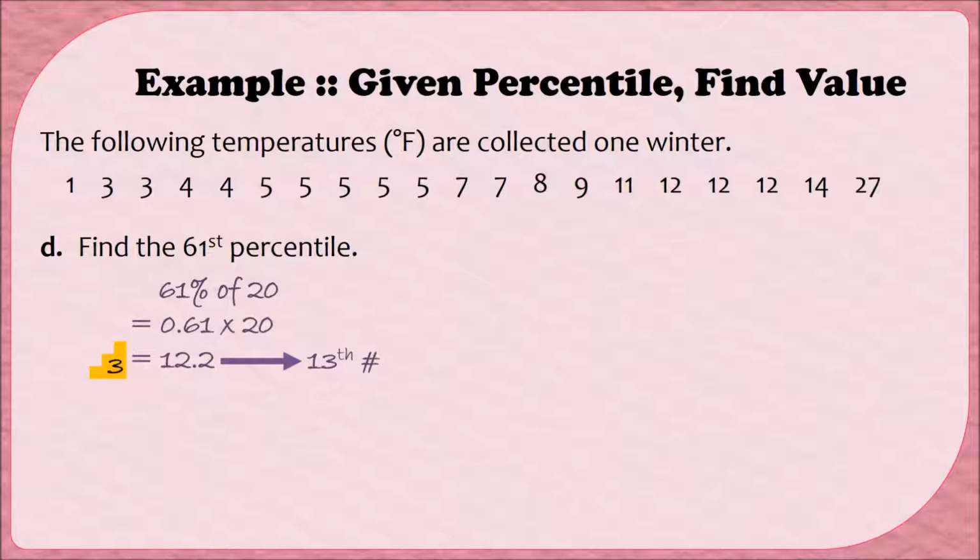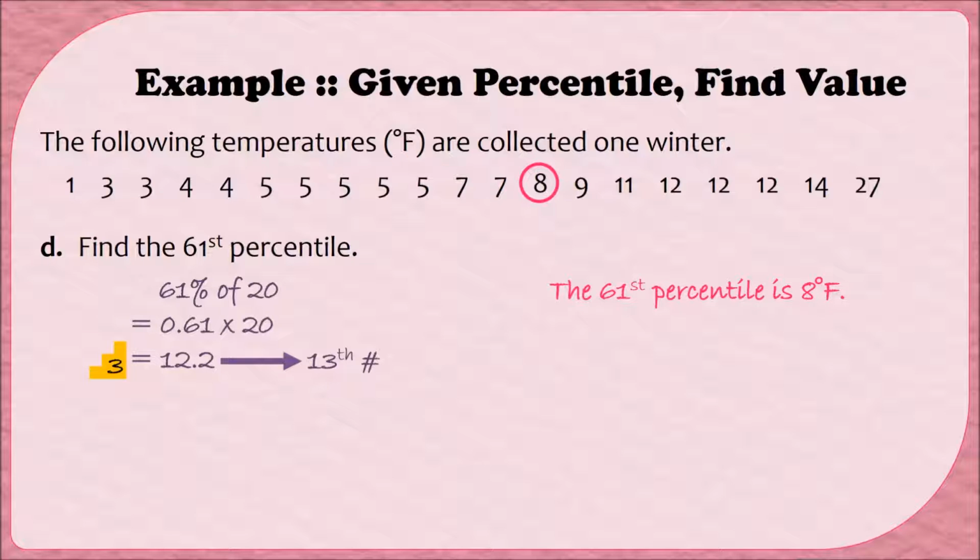In this case, if I only looked at the 12th number, I would not be reaching that cutoff of 12.2, so I have to go to the next spot over. So let's count to the 13th number. 1, 2, 3, 4, 5, 6, 7, 8, 9, 10, 11, 12, 13. So 8 is the 13th number in our list. This means that the 61st percentile will be 8 degrees Fahrenheit.